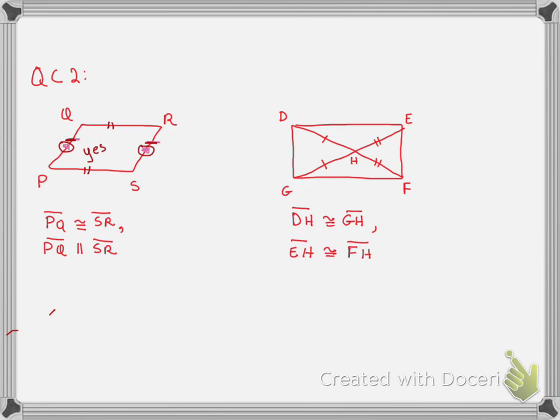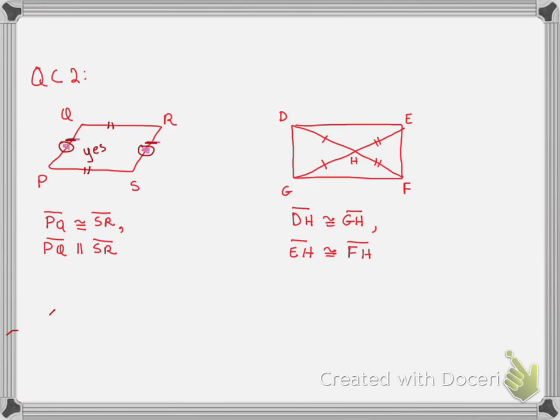Now we're going over to the other shape, and we're asked if that is enough information to tell us that DEFG is a parallelogram. Here we're dealing with diagonals. And remember, diagonals bisect each other. If that were the case, DF cuts EG in half.